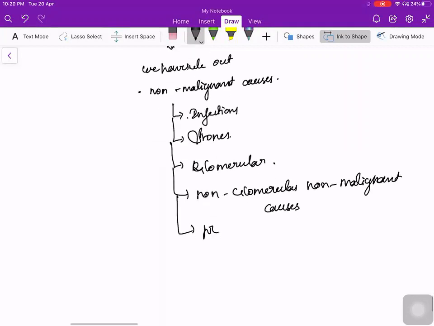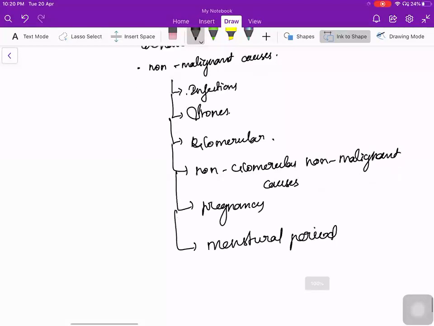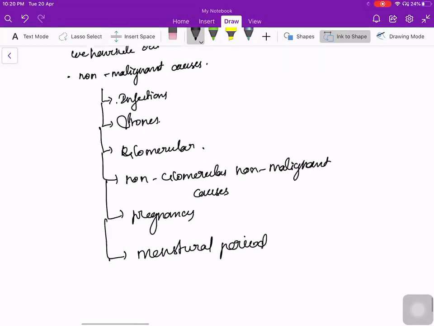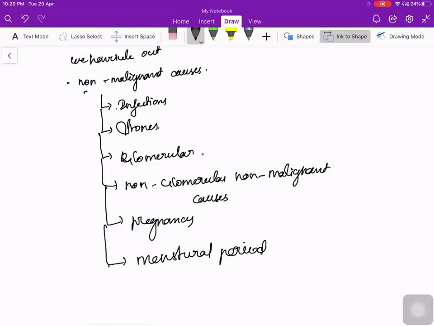We have to exclude pregnancy. We have to exclude patients who are in menstrual period. These are all the main things. We have to exclude all the non-malignant causes. For infection, we have to treat the infection, and we have to repeat the urine analysis.